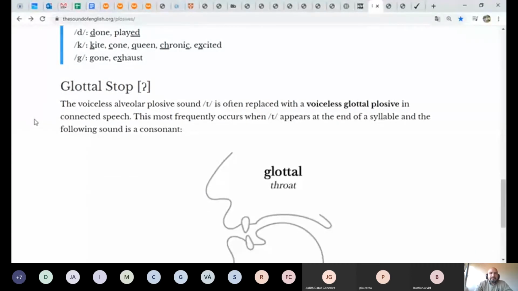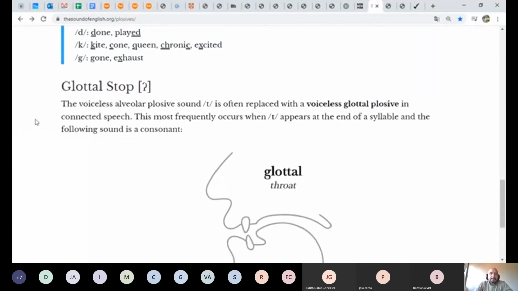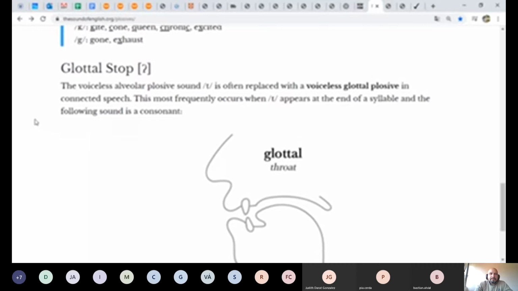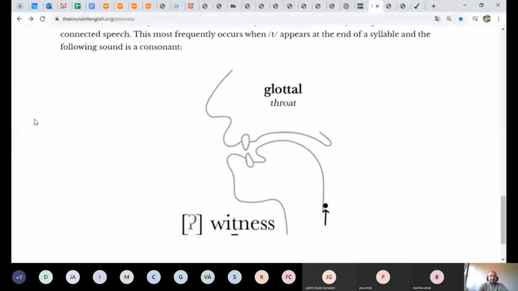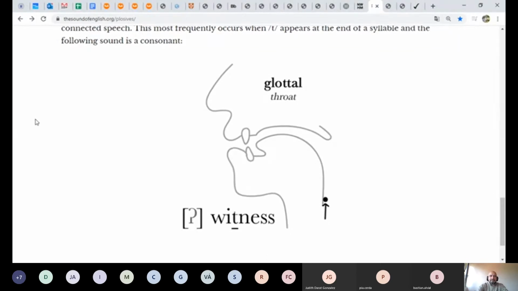Glottal stop. The voiceless alveolar plosive sound t is often replaced with a voiceless glottal plosive in connected speech. This most frequently occurs when t appears at the end of a syllable and the following sound is a consonant. Witness.